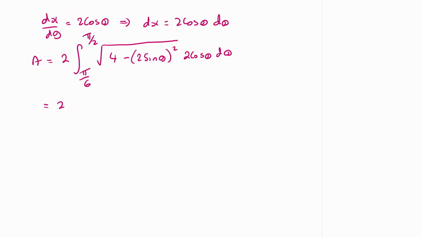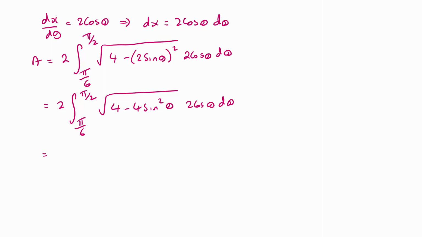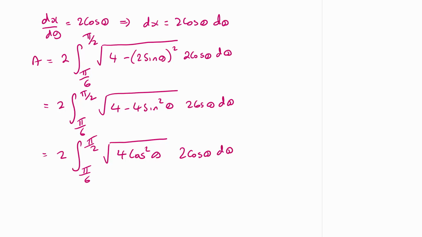So that is going to be twice the integral from π/6 to π/2 of the square root of 4 − 4 sin²θ, 2 cos θ dθ. And that's going to be twice the integral of the square root of 4 cos²θ, using sin² plus cos² is 1, 2 cos θ dθ.